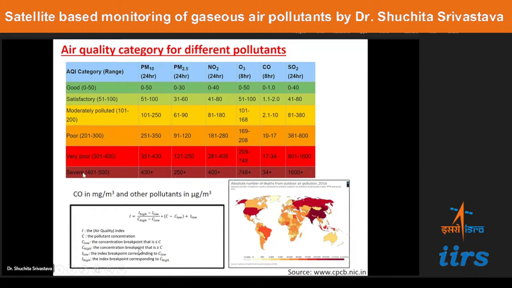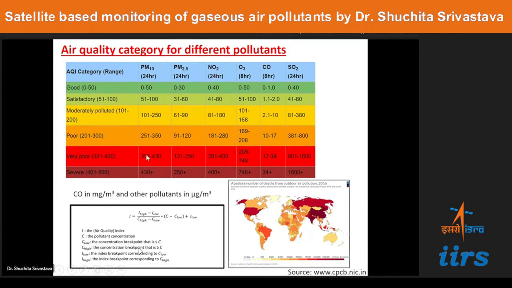These are 6 categories, and for each criteria air pollutant you can see the concentration range, like for PM10, 0 to 50, then 51 to 100, 101 to 250, 251 to 350 and so on. Now you can understand that if the concentration of a particular pollutant falls within this range, then it will be good air quality. Suppose we consider NO2 as an example.